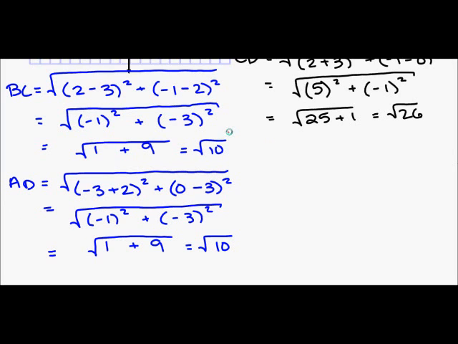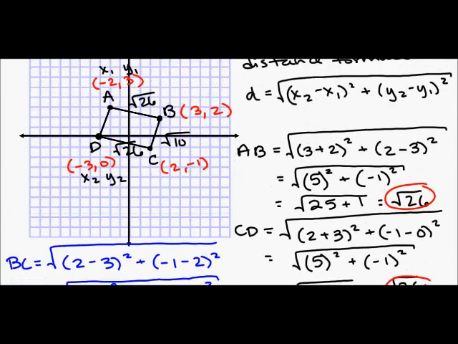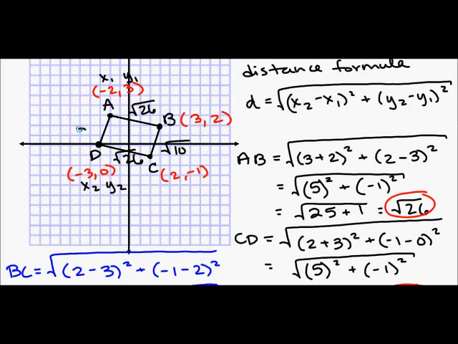And since these match, so I have two square root 10s opposite each other, and I have two square root 26s opposite each other, we do have a parallelogram.